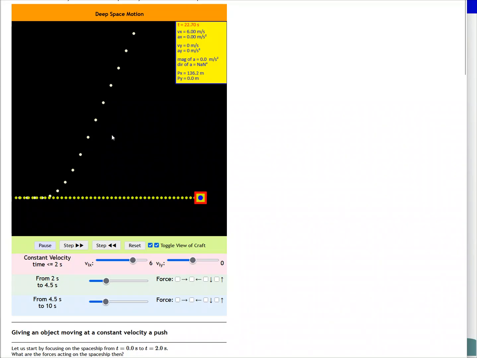So there are two motions here. And probably the best way to see it, let's see. Let's give this a force up. And then, yeah, let's keep it like this.